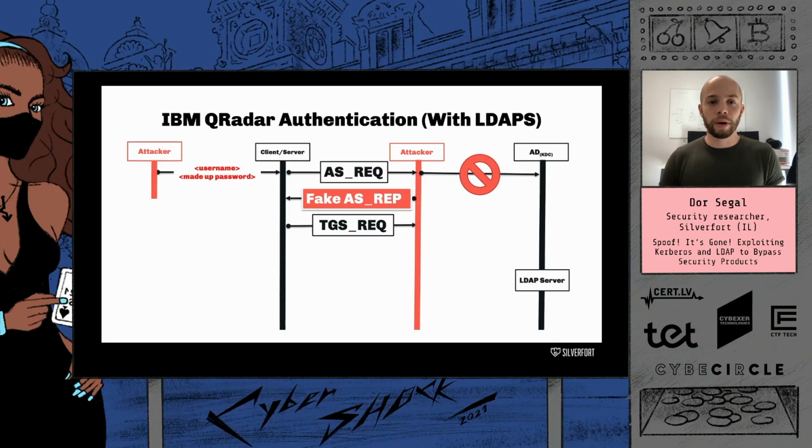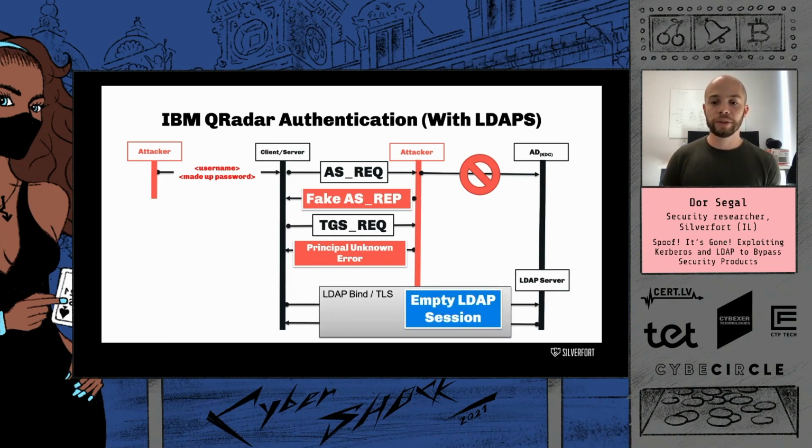So if we go back to our flow chart, when the service request reply is the principal unknown error, it would just open an empty LDAP session, and then the Curator would send an AS request, obviously, but the ticket was not valid.